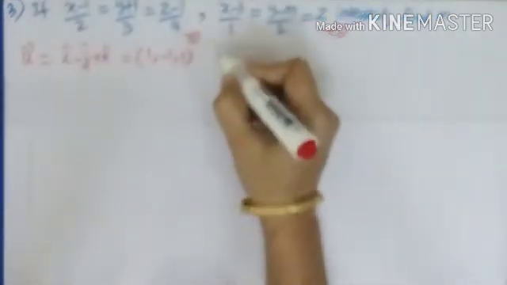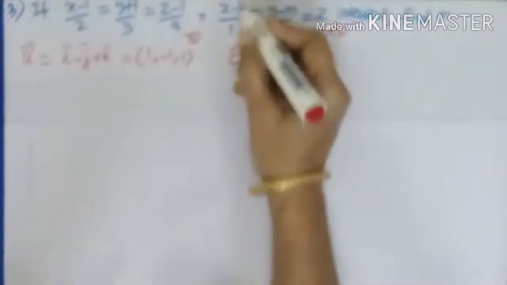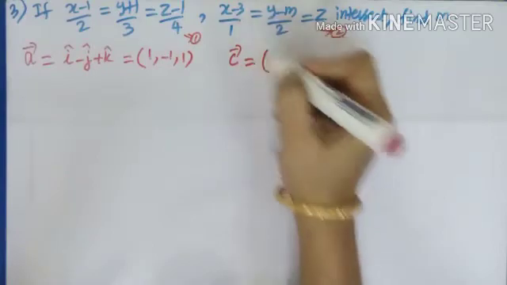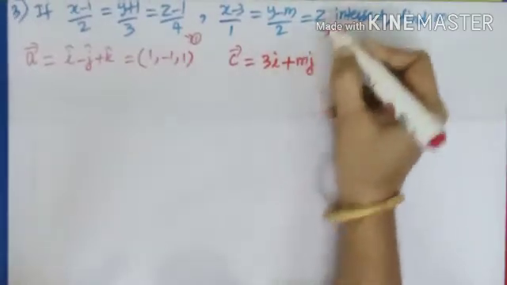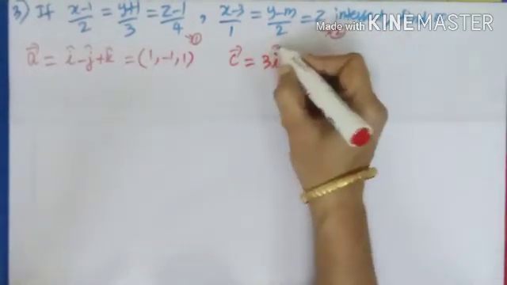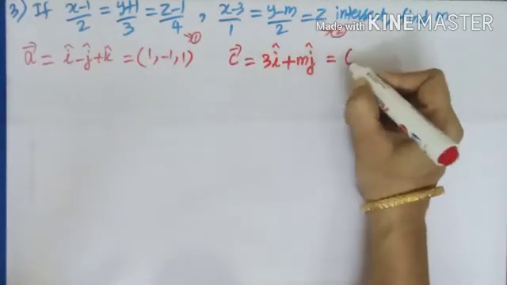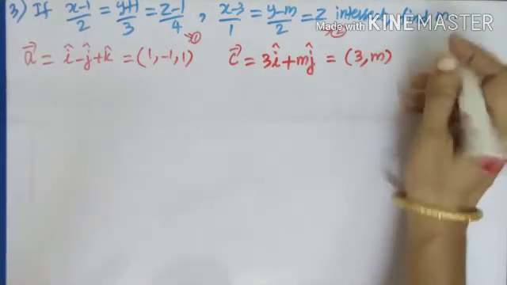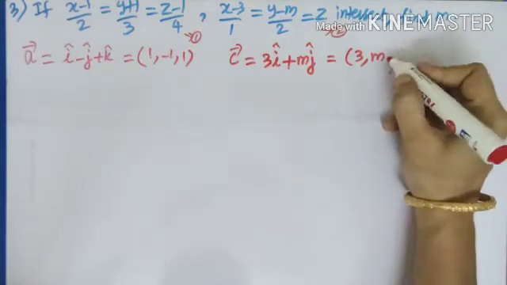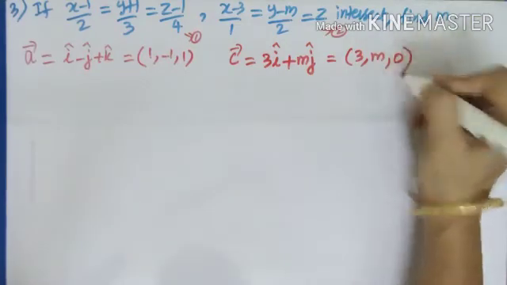And what is C vector from here? Changing the symbol. I can say minus 3 means plus 3i plus mj and no k at all. Or I could even say in point format it is 3 comma m for us to remember. No z value, we call it as 0.